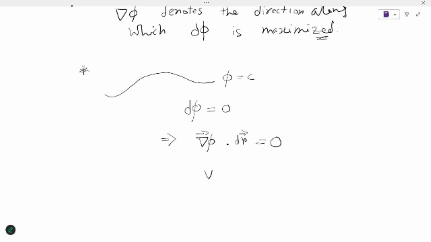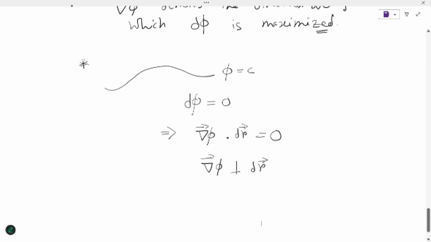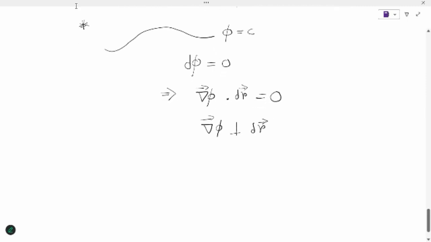This means grad phi is perpendicular to dr. This means if I go along the surface dr, this grad phi would be perpendicular to the surface.